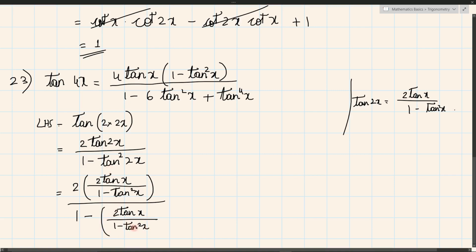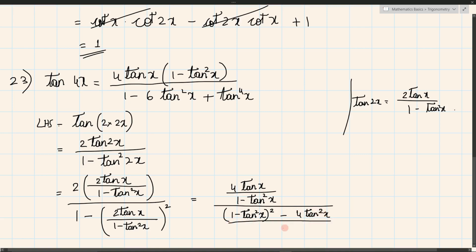So we have whole square here, whole square. So this is nothing but 4 tan x divided by 1 minus tan square x, whole divided by, I'll have 1 minus tan square x whole square minus 4 tan square x, whole divided by 1 minus tan square of x, right?